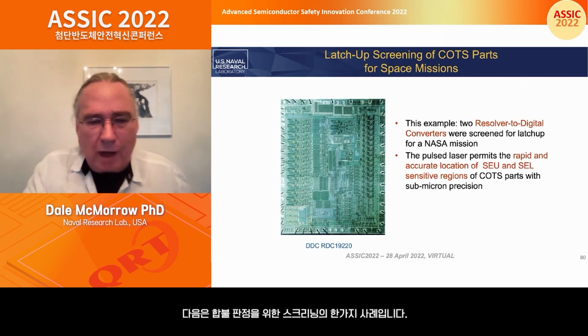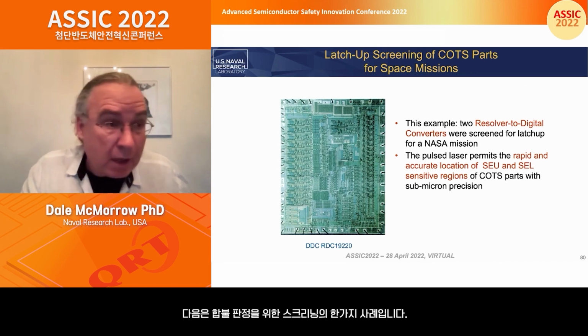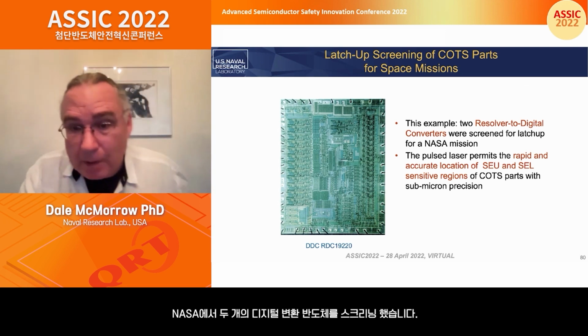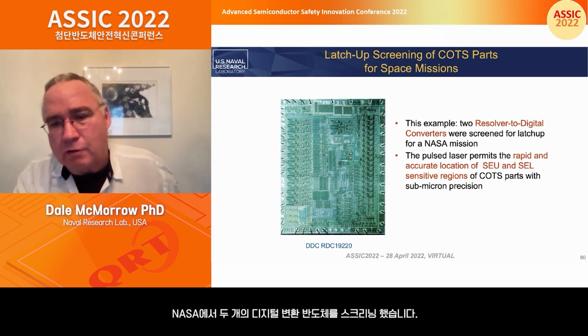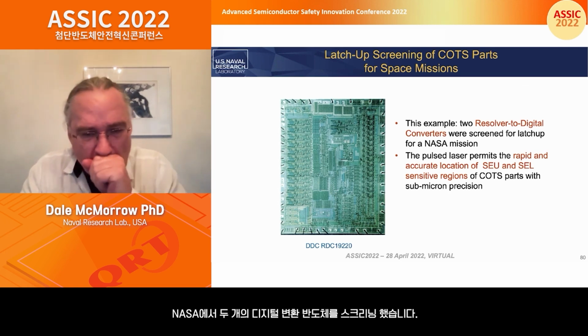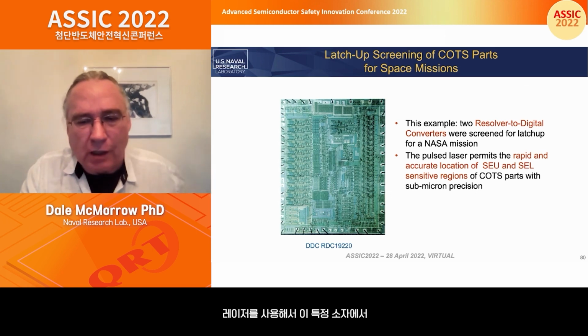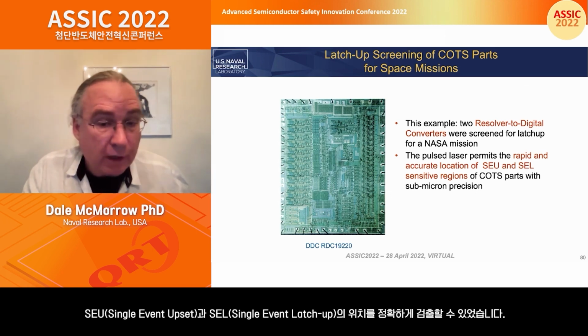This is one example we did of screening a part to reject. Basically, in this example, 2 resolver to digital converters. This was done for NASA. The laser permits us to accurately determine the locations of SEU and SEL in this particular device.